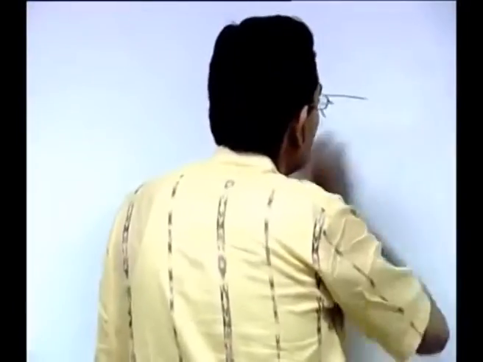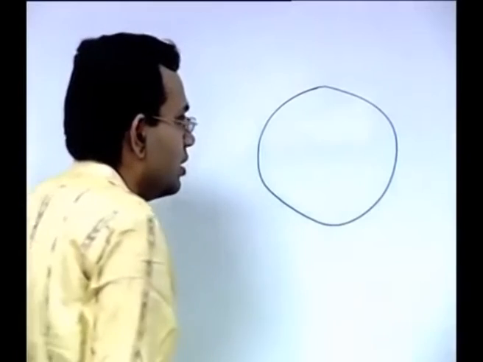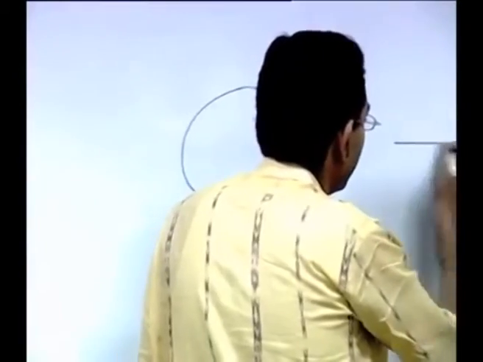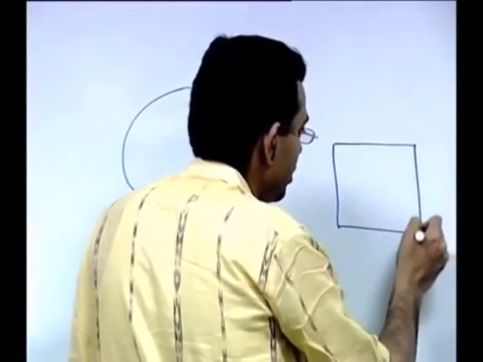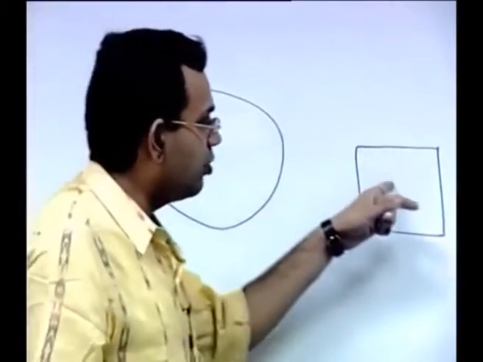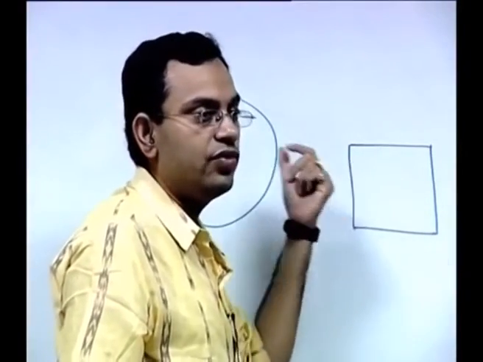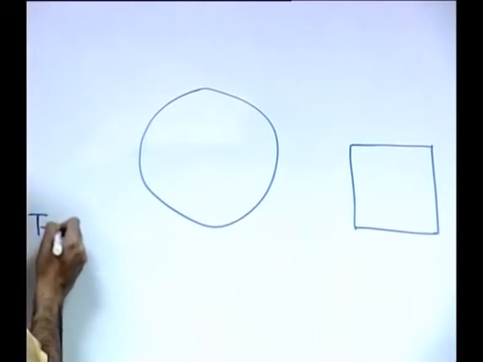So, if you have a domain like this, or let us take a domain even like this one, which is a regular shape domain. It may be an irregular shape domain like this, or a regular shape domain like this. Our objective is to divide such domains into a number of subdomains which are of triangular shape. Now, a systematic way of doing that is called triangulation.